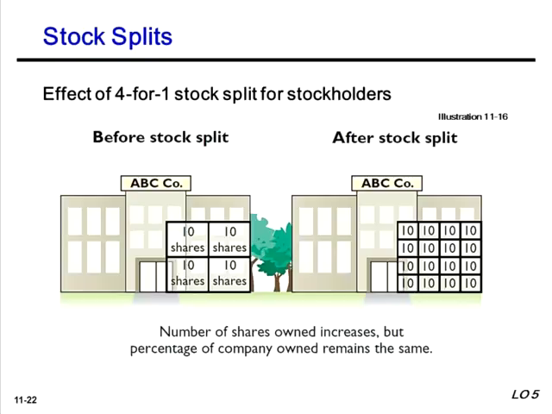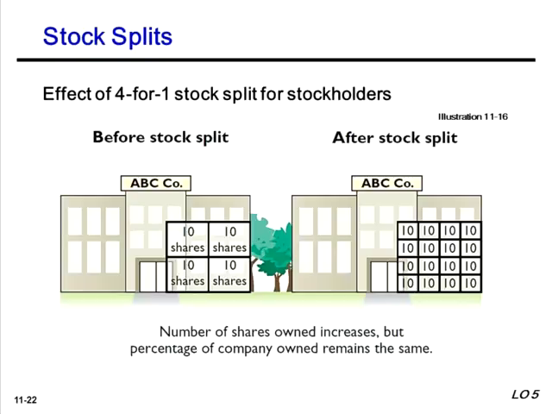After a 4-for-1 stock split, then those 40 shares grow to be 160 shares, so that each of those 4 shareholders now has 40 shares. They have 4 times the number of shares.